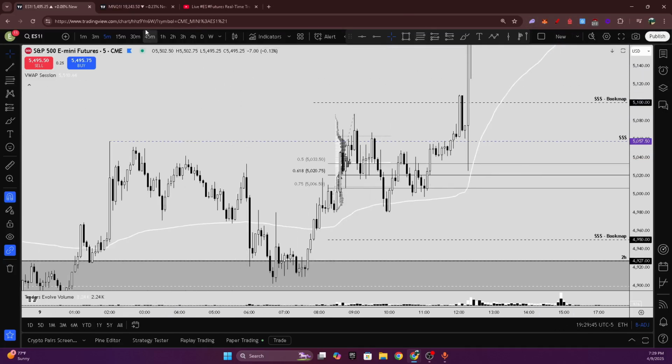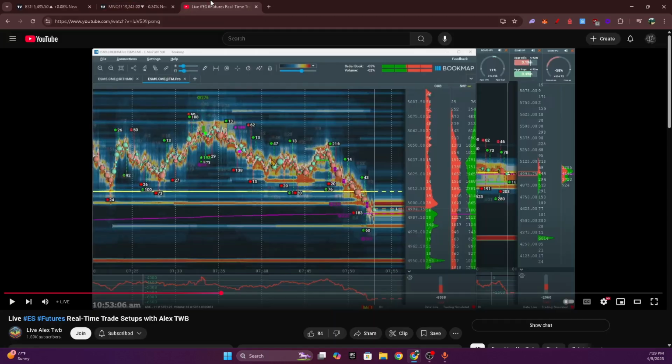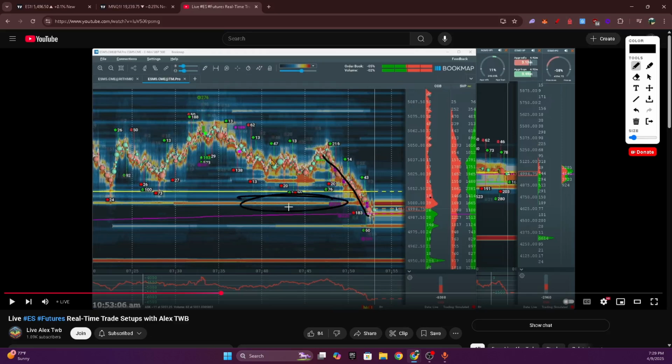Now I'll show you how Bookmap looked during that time on ES. We flushed down, broke this key liquidity level on ES, and right away after that, we created a barrier and essentially flipped liquidity, as demonstrated right here.